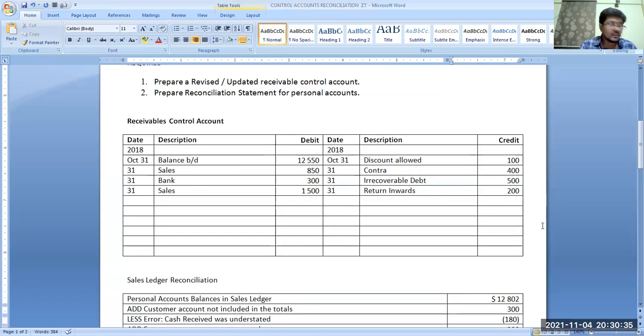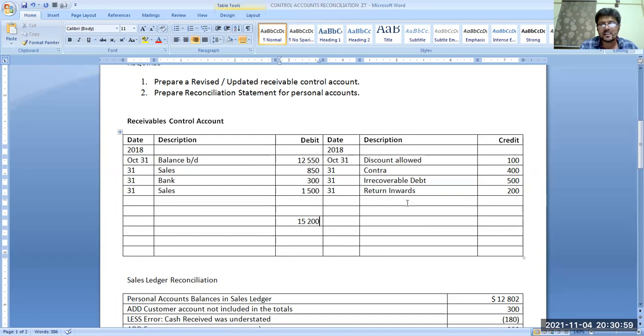Okay. Now see, what is the balance now? 12,550 plus 850 plus 300 plus 1,500. Answer is 15,200. 15,200 minus 100 minus 400 minus 500 minus 200.